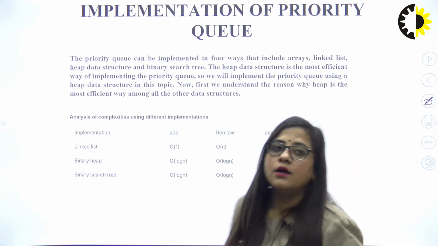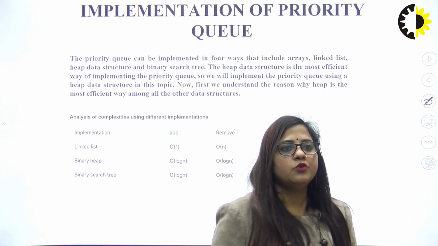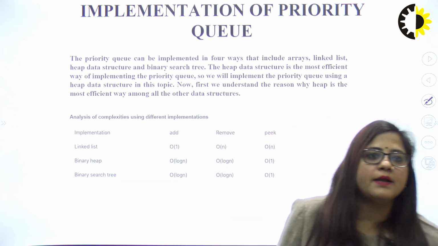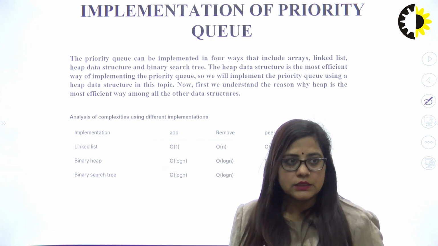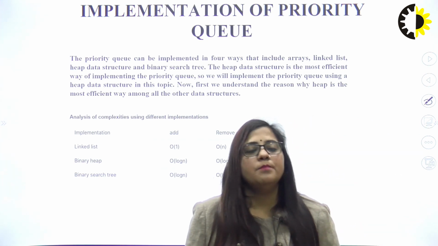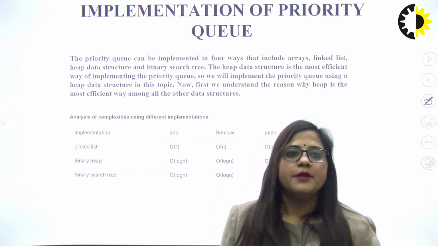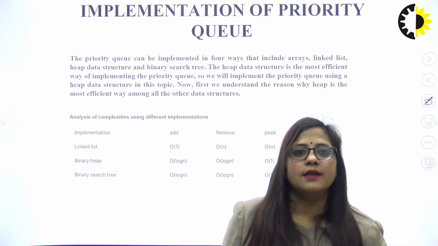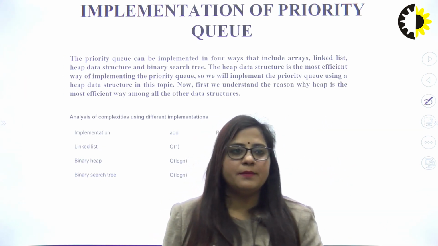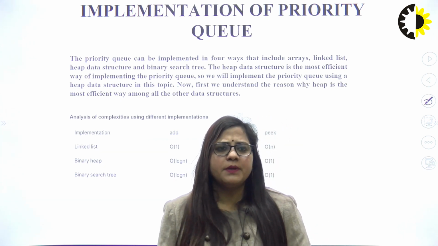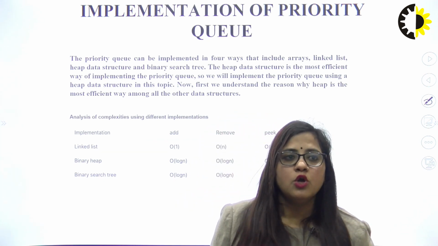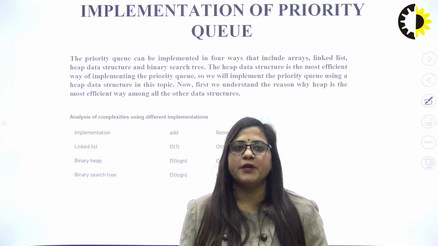Now implementation of priority queue. The priority queue can be implemented in four ways, including linked list, heap data structure, binary search tree, and heap data structure. The most efficient way of implementing the priority queue is the heap. So we will implement the priority queue using the heap data structure, the main topic.